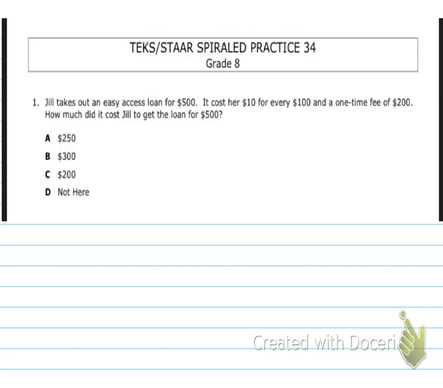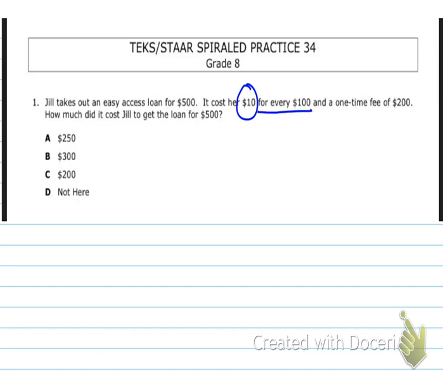All right, so this one, we need to read and read carefully. It says, Joe takes out an easy access loan for $500. It costs her $10 for every 100 and a one-time fee of $200. How much did it cost Joe to get the loan for $500? So, okay, there's a lot going on here. 10 for every 100.